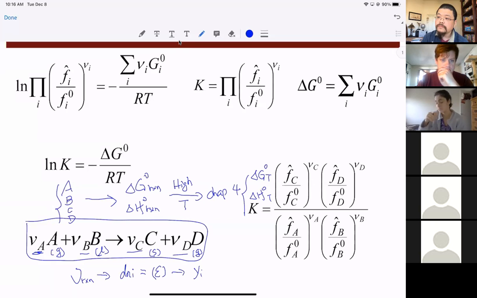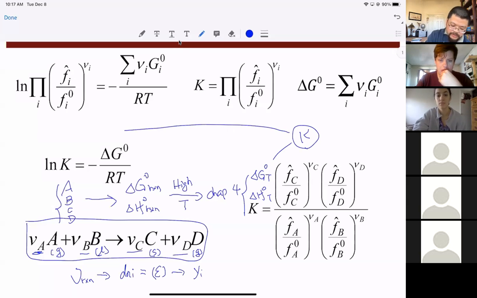Okay. How about pressure? We say pressure is not important for capital K. So the troublemaker is always high temperature over here. This is why we need to figure out K, looking at all those.